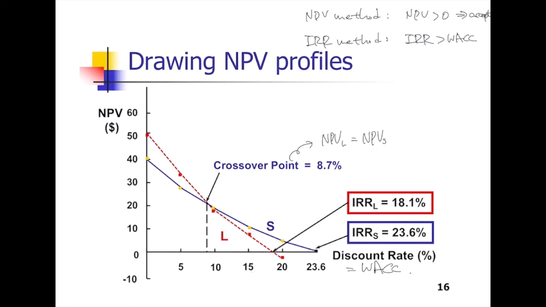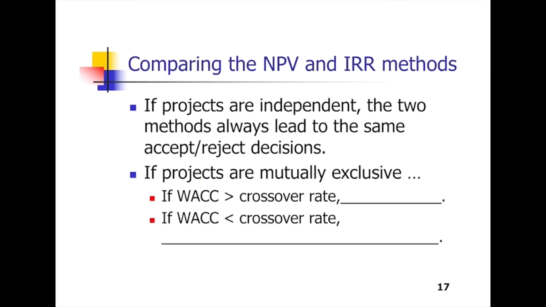So return is higher than cost, so we can accept project L. So we can conclude that if the projects are independent, it means we can choose as many projects as we want, the two methods, IRR method and NPV method, always lead to the same accept-reject decision. So no problem when we have independent projects. We can use both methods, IRR and NPV methods.